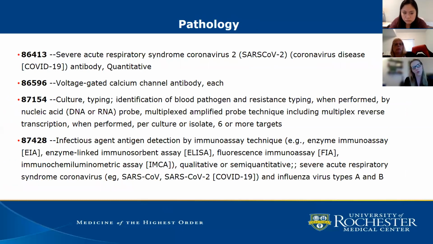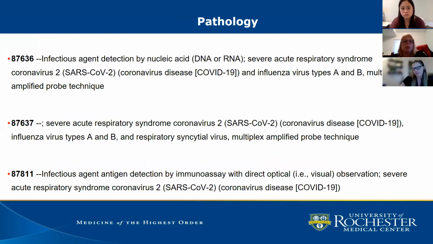And there were some new codes related to COVID. These codes differentiate the technique that's used for collection, so how they're collecting those specimens for COVID-19. And again, here's some more of those COVID-19 related pathology codes, but these ones include COVID-19 as well as influenza.